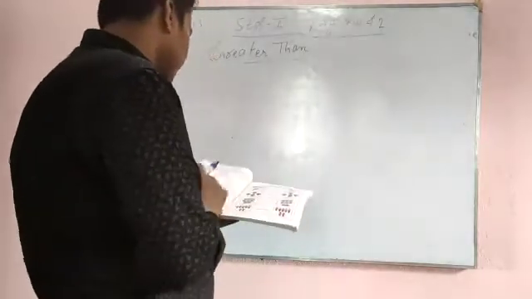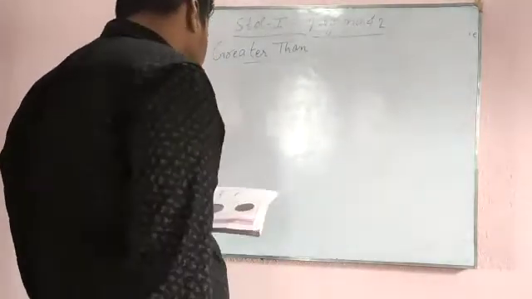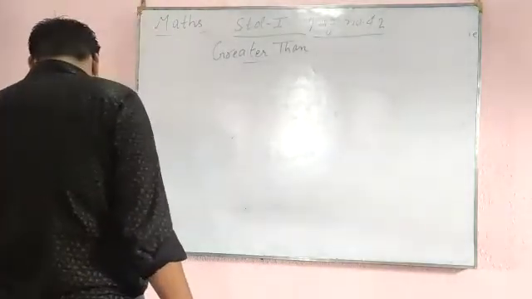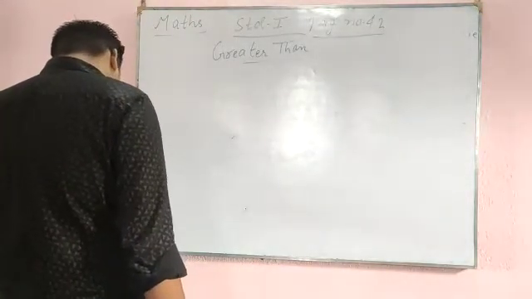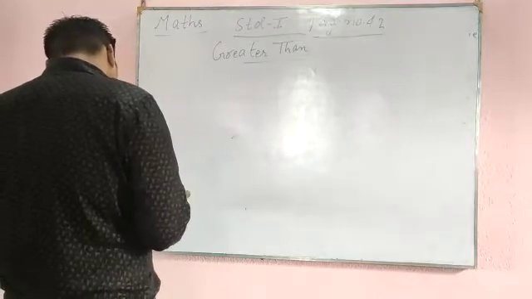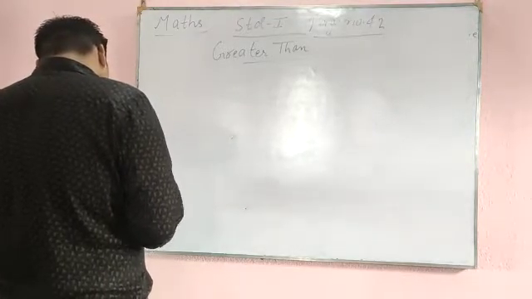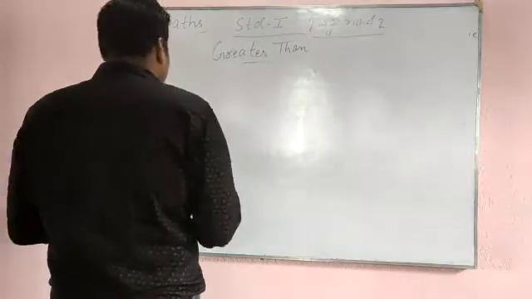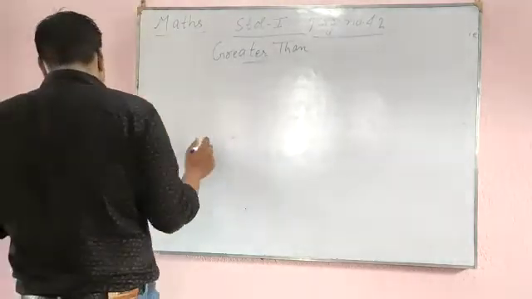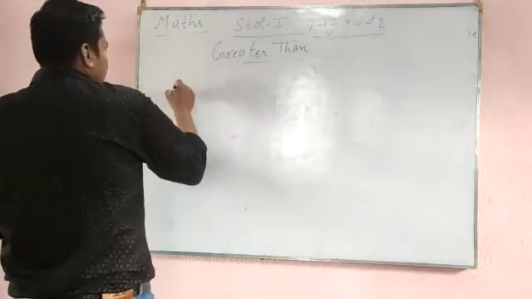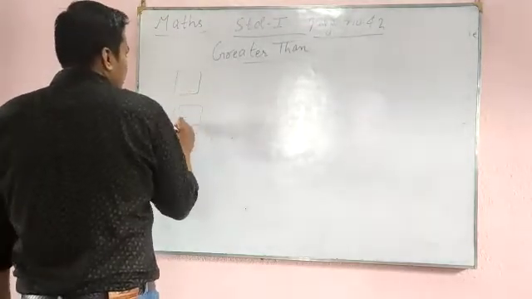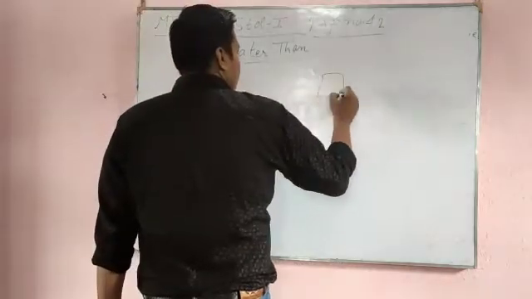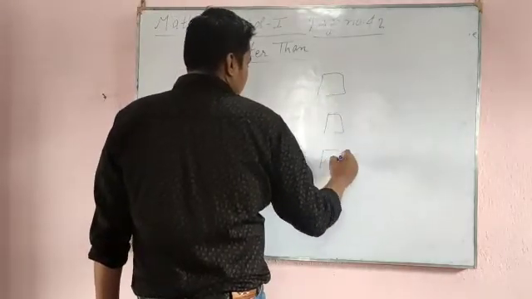For this I need to draw some figures so that you can see. I am just drawing the picture, you can see here 1 box, 2, 3, 4. Here 1, 2, 3.